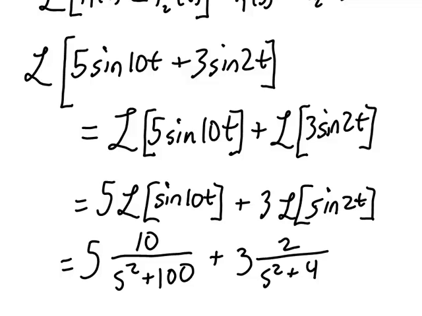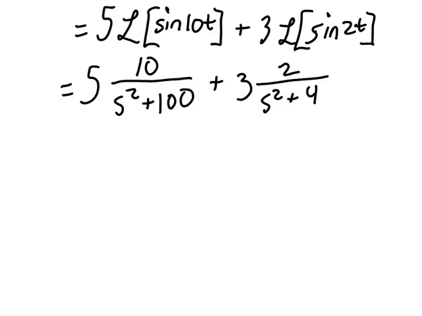There are two more properties of the Laplace transform that will be particularly useful to us. So let's move on and take a look at properties number 3 and 4. Property number 3 of the Laplace transform tells us what we do in the case of having the derivative of a function.